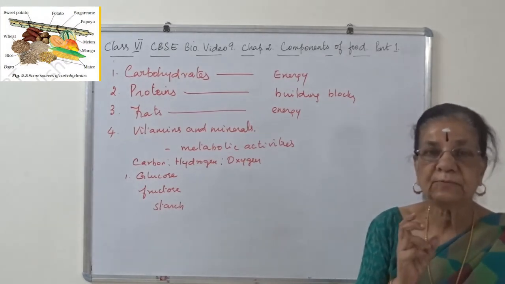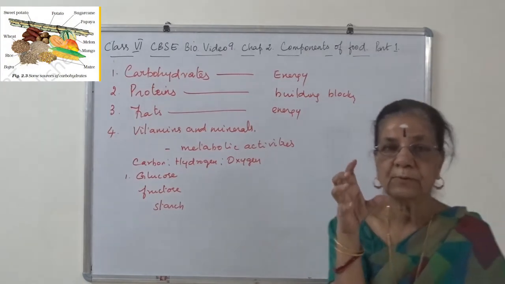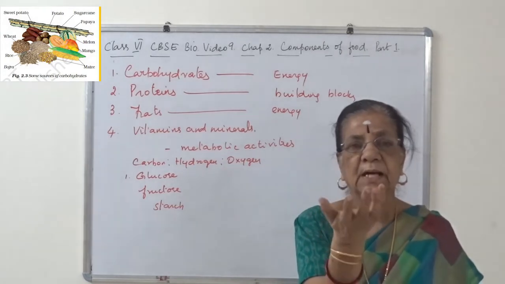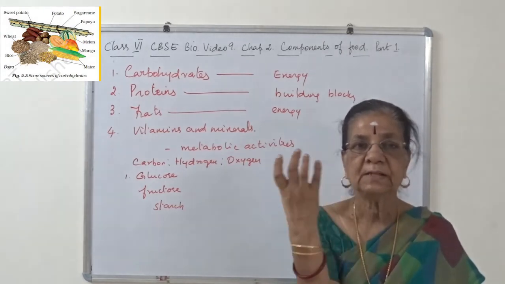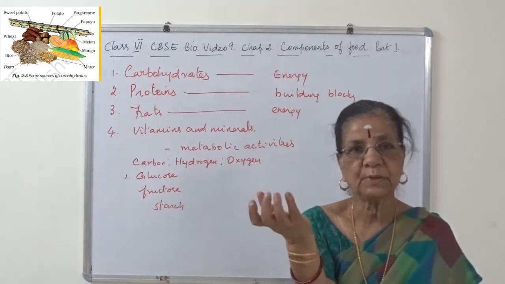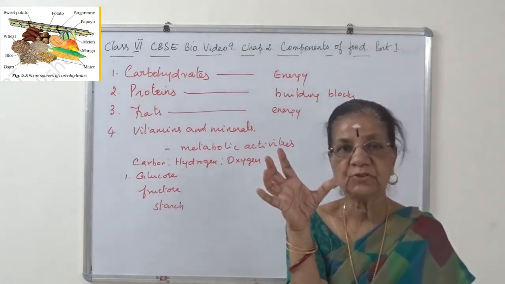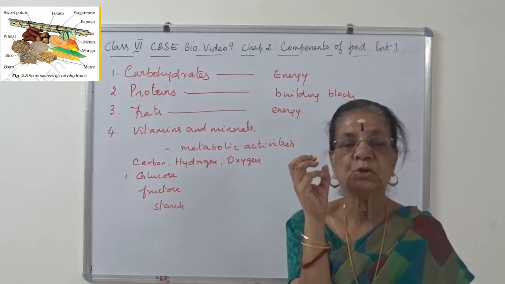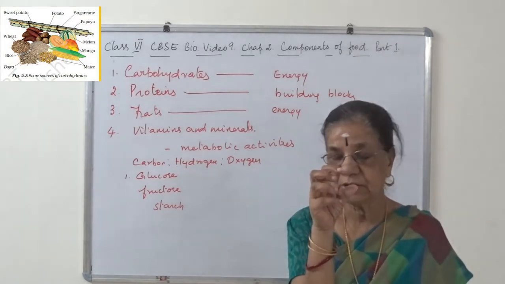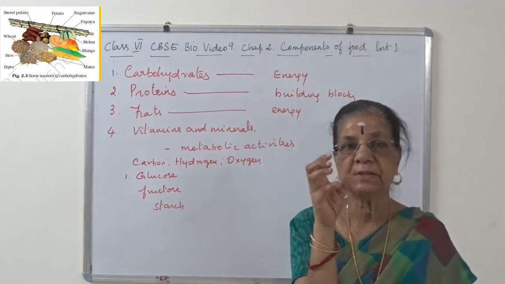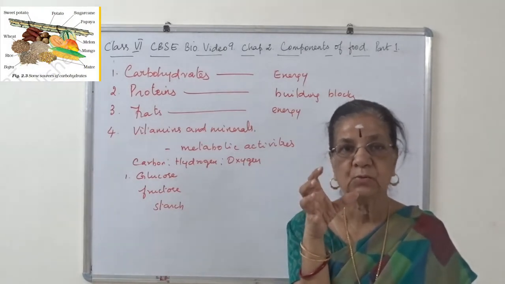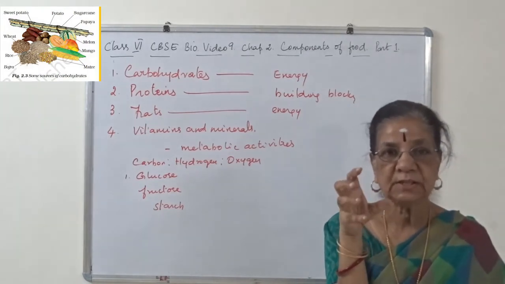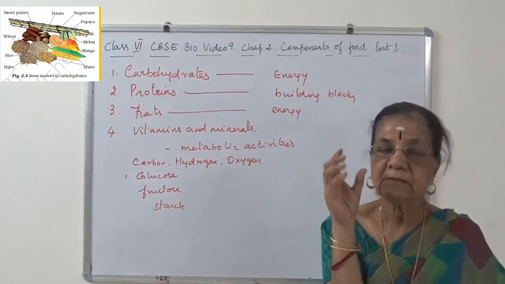Clear? Now if you are given a food item, say for example, a bowl of rice and a bowl of dal, which are called food samples, you are asked to identify in which given food sample may contain starch.